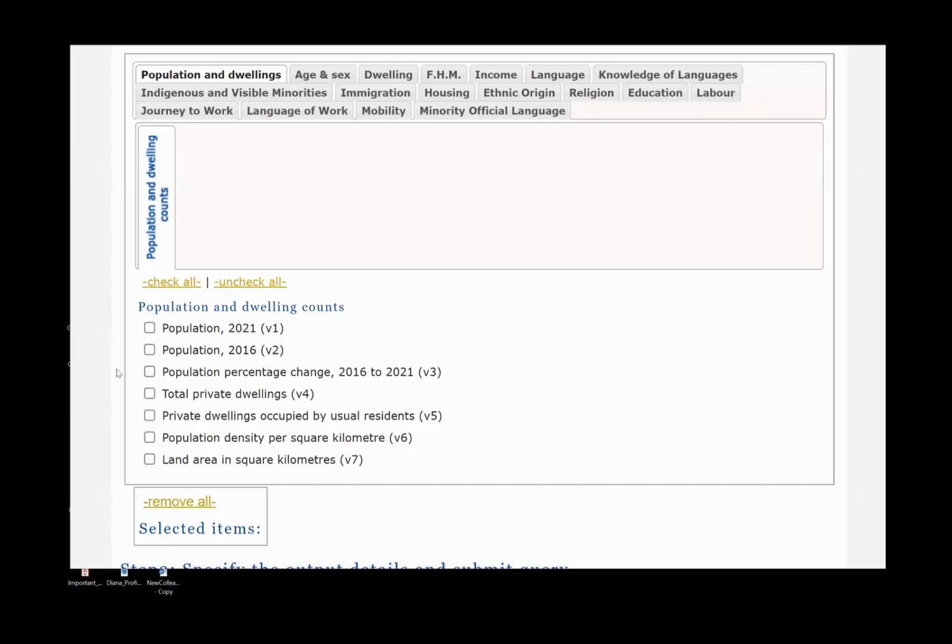So select the variables of interest to you. For example, I want to look at the two census years' population, and I also want a count of total private dwellings, including those that are not occupied by usual residents. So that means it's a total count of dwelling units.